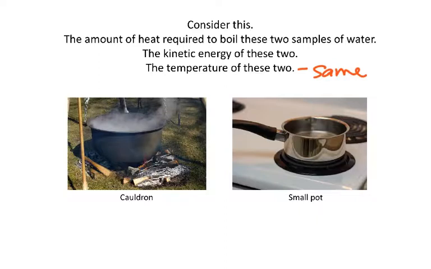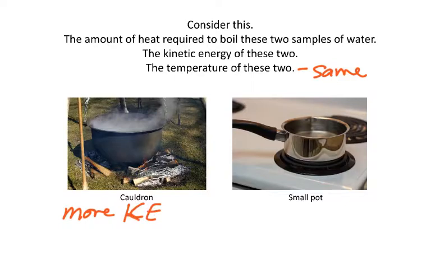So you could say each molecule of water would have some average kinetic energy. So you could think that if you have more molecules of water, then you have a larger total kinetic energy. So even though they're at the same temperature, the cauldron has more kinetic energy.